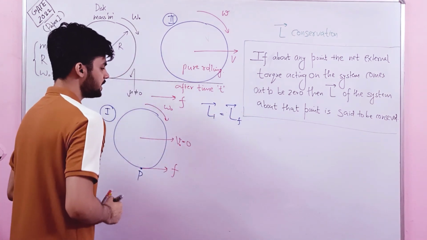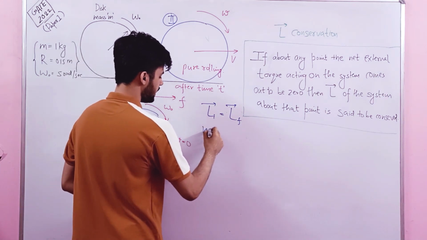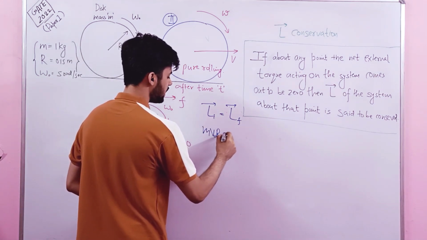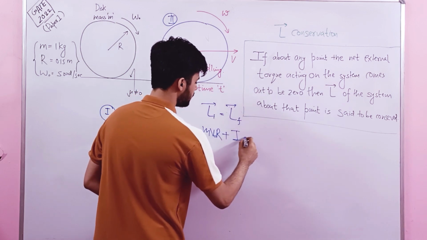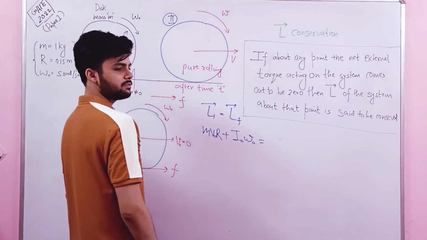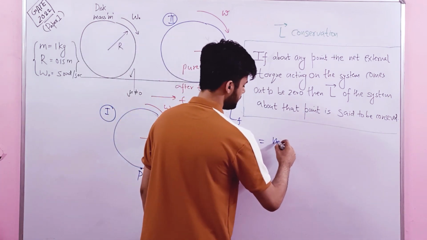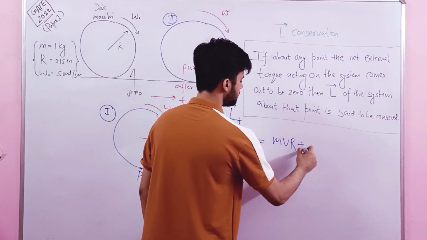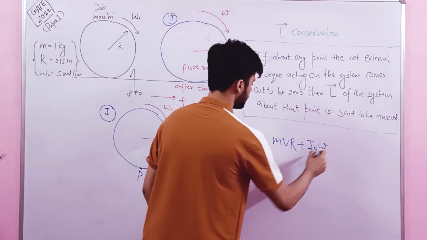So initial angular momentum is mv naught r plus I naught into omega naught equals, what is going to be the final angular momentum? That will simply be mvr plus I naught into omega.